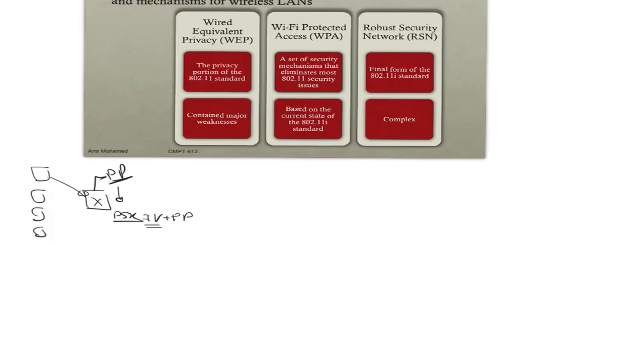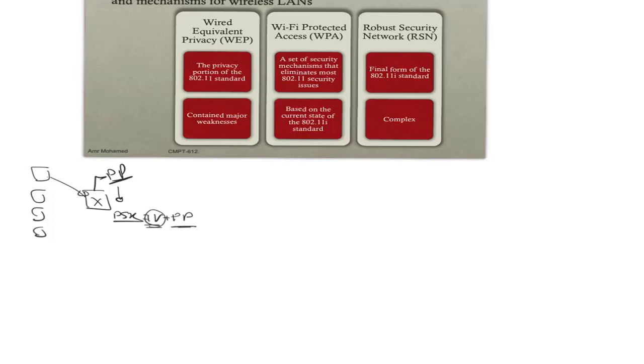So at the beginning, the station would say, I want to request to associate with you. The access point would say, okay, authenticate yourself. Because you are supposed to know the passphrase, the station creates some kind of a puzzle with a pre-shared key, which is done using the initial vector and the passphrase.